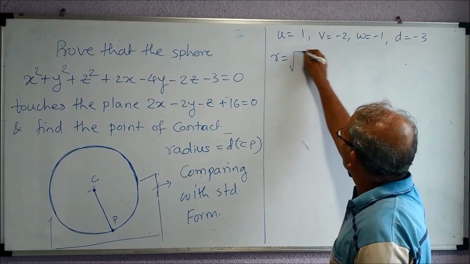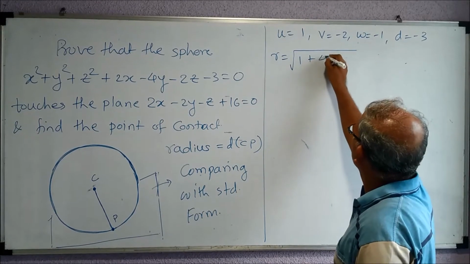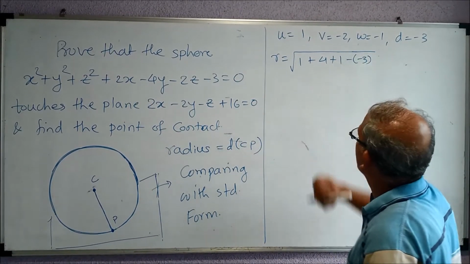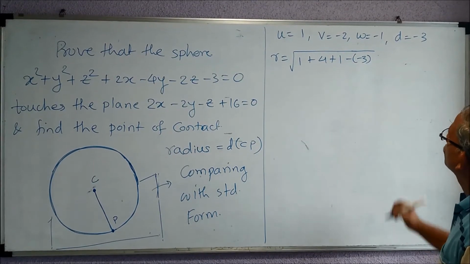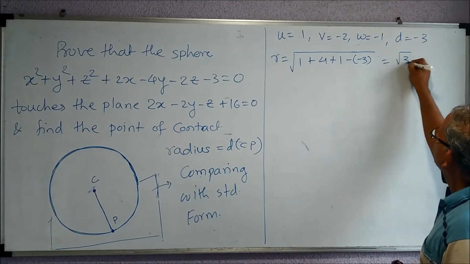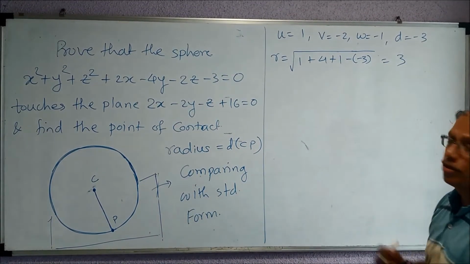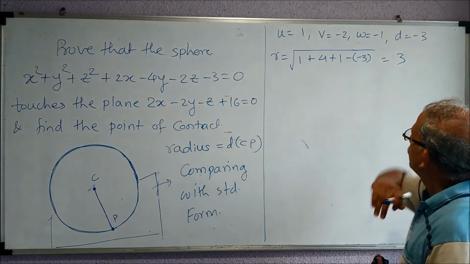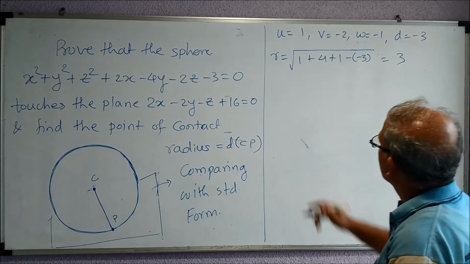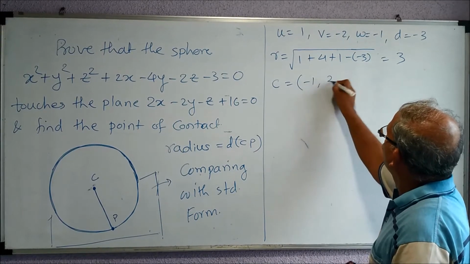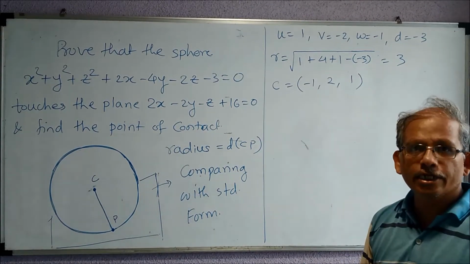It is equal to under root of 1 plus 4 plus 1 minus -3. It is 3, right? Because this is 9, so it will be 3. Then what is the center? C is equal to -1, 2, 1. So this is the center.